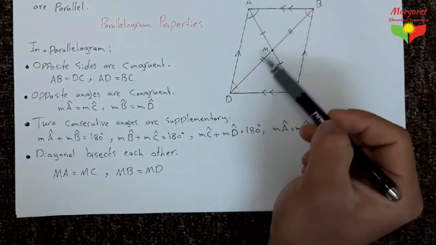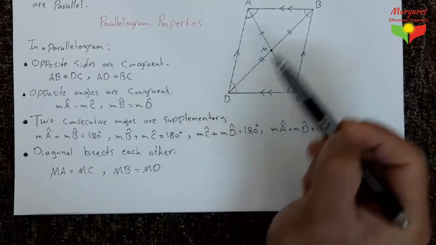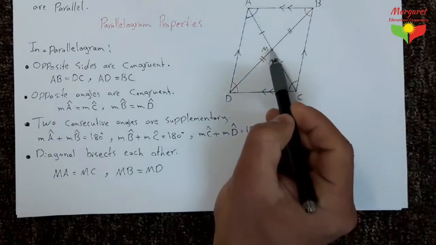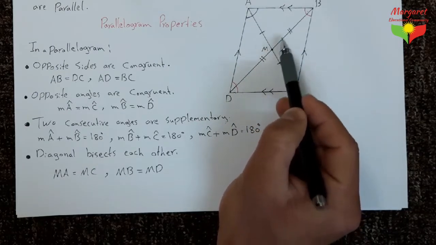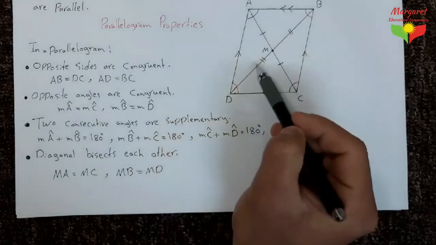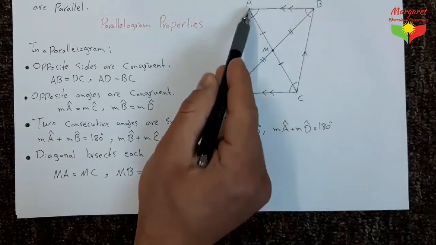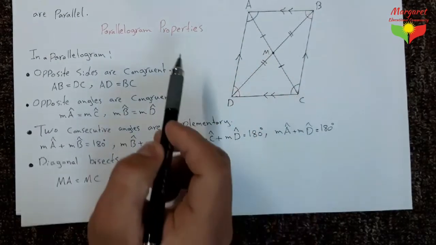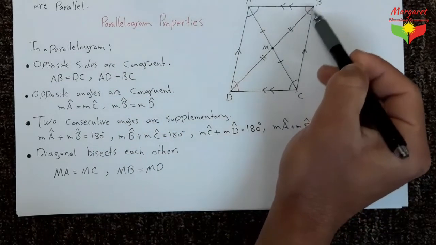For example, in this figure, MA equal to MC and MD equal to MB.